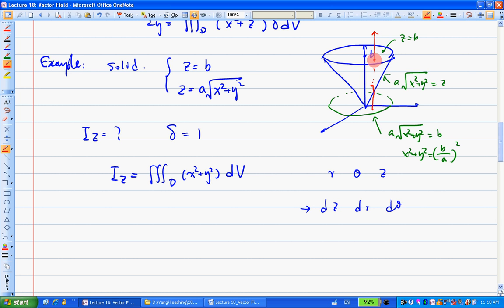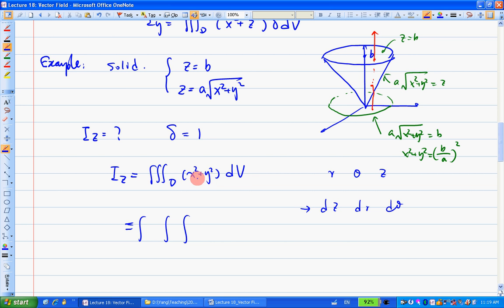Second contact is the top surface, z equals b. But I'm dealing with cylindrical coordinates, not Cartesian, so I need to transform this x squared plus y squared into cylindrical coordinates.